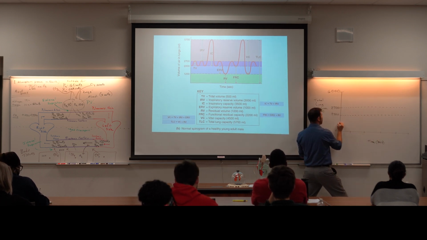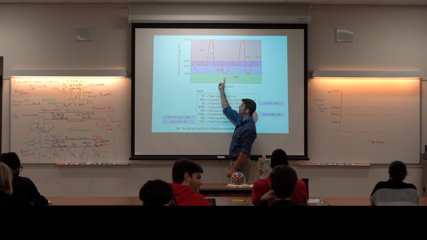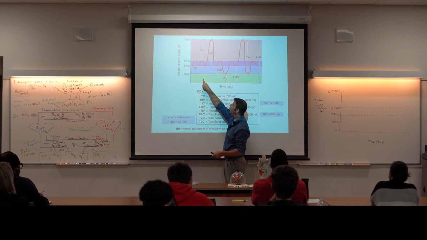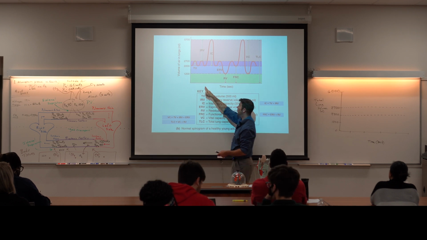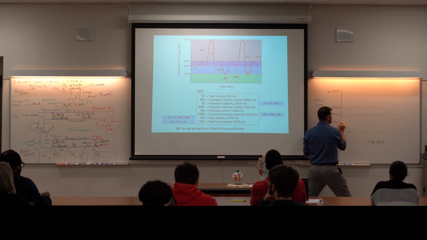I'm going to put another mark in here at about 1,200. And this also varies. You can see they have it at 1,200 here. That's marking the residual volume. Depending on how healthy you are, this may get all the way down to like 60 or less than that. But I'll put a dotted line there too.